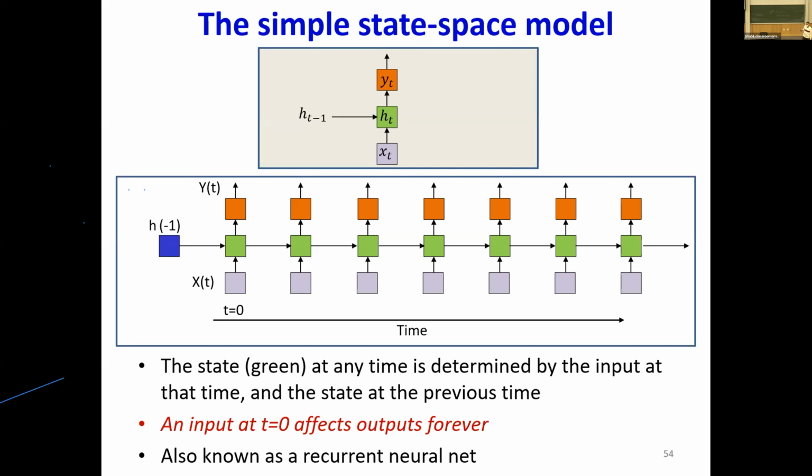So if you were to perform the entire sequence of computations, at the first time you get the first input and the initial value for the hidden state, and you compute the first output. But then at every subsequent time, the hidden state is a function of the current input. Every column represents subsequent times, and you can see how in every column, the hidden state at that time is a function of the input at that time and the hidden state at the previous time.